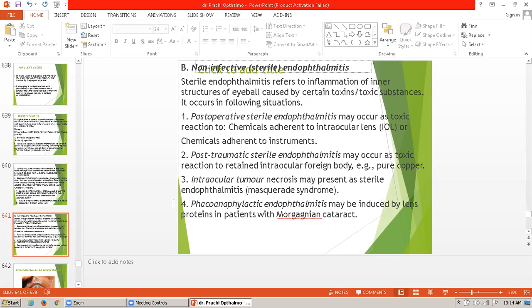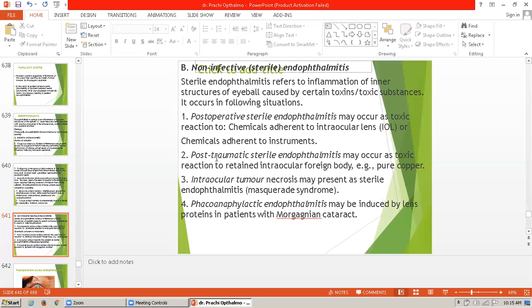Okay. Then second is post-traumatic sterile endophthalmitis. It may occur as a toxic reaction to a retained intraocular foreign body, for example, pure copper. It is called post-traumatic as it occurs after trauma.